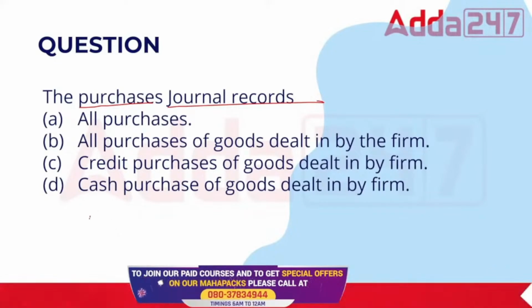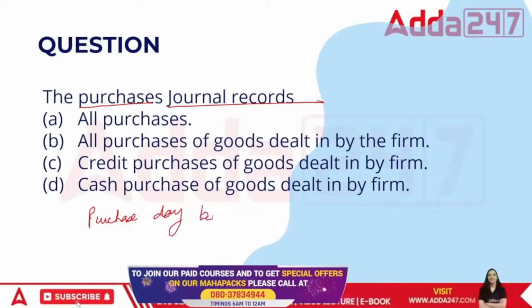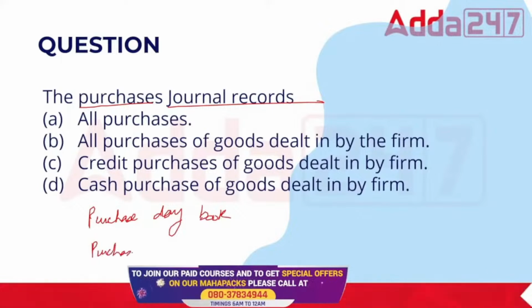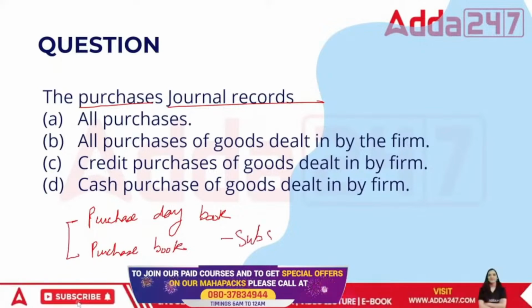See, purchase journal is also called purchase day book. It is also called purchase book. Okay? This is actually a subsidiary book.